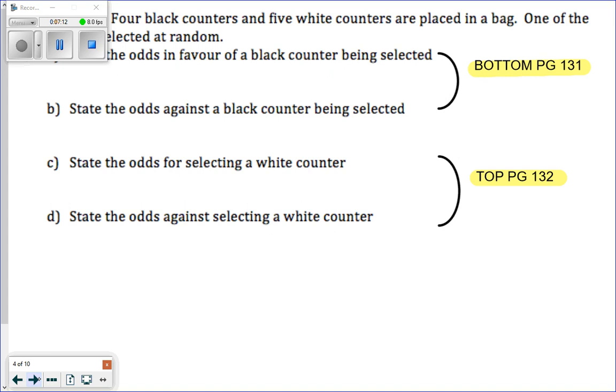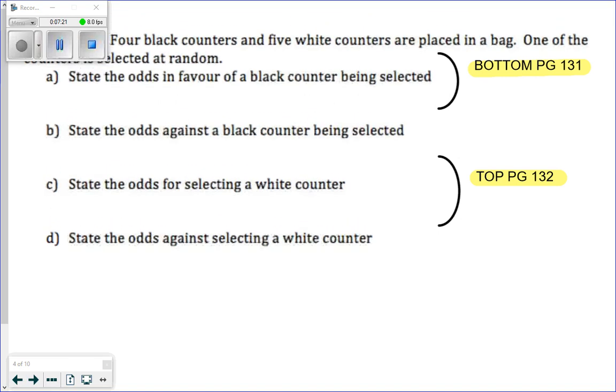Okay, so bottom of page 131. So if you go to the bottom of page 131, it says it's the same 4 black, 5 white. So state the odds in favor of black. So what you do is you go the probability of black to the probability of not black.